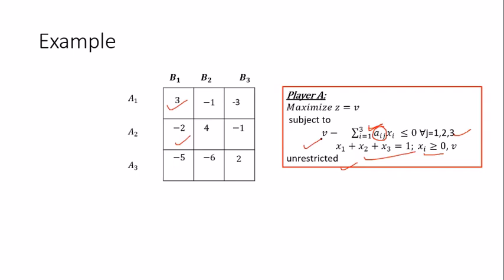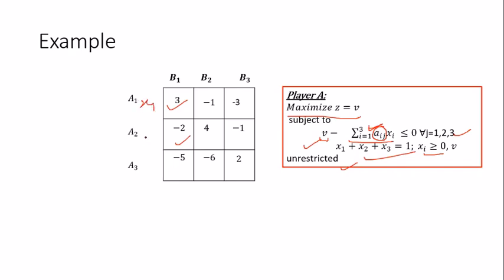That will give us the LPP. Otherwise, if you don't want to start like this and want to work out the LPP directly from the beginning, you just need to remember that the objective function of player A is always maximize z equals v, and the constraint is always of this type, v minus this, less than or equal to 0. So it's easy to work out.